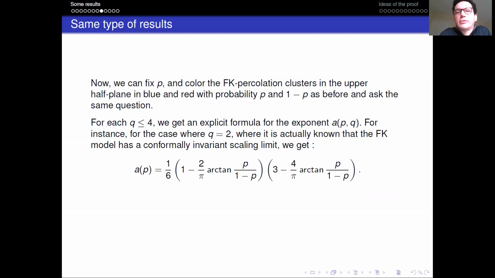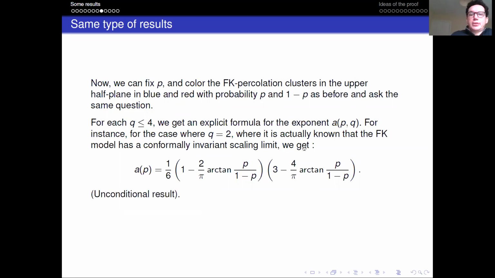There's a general formula for a in terms of p and q that I'm not going to write down, but I just wrote down here the formula in the very special case where q is equal to 2, because that's the one for which it is actually known that the FK model has a conformal invariant scaling limit. This is the result of Stas Smirnov and his collaborators. And then you get, again, an explicit formula for the one arm exponent here.